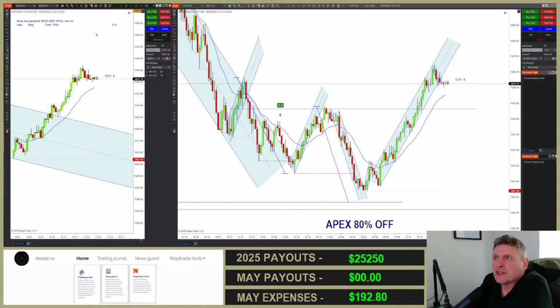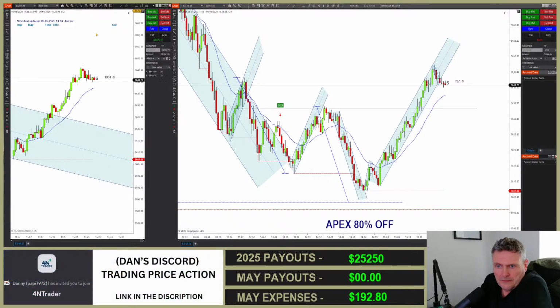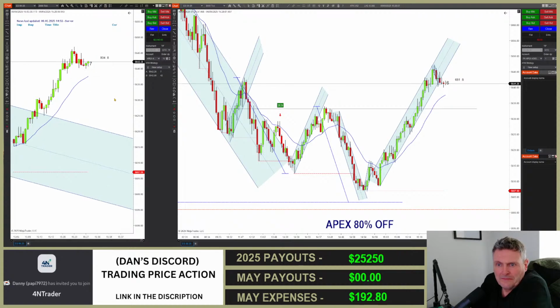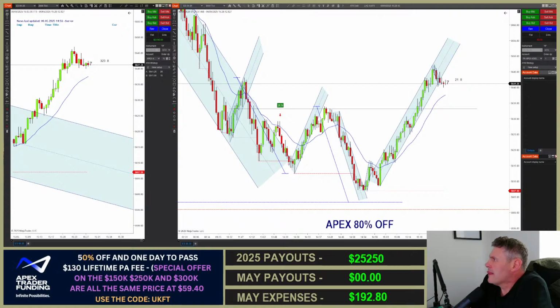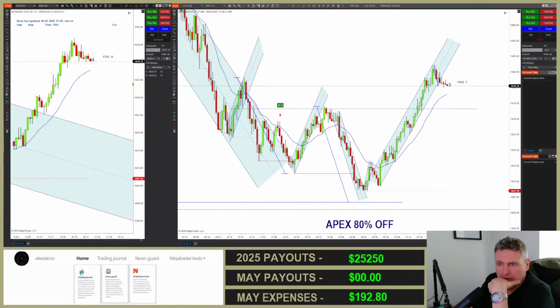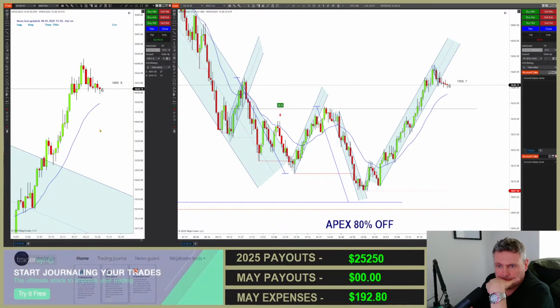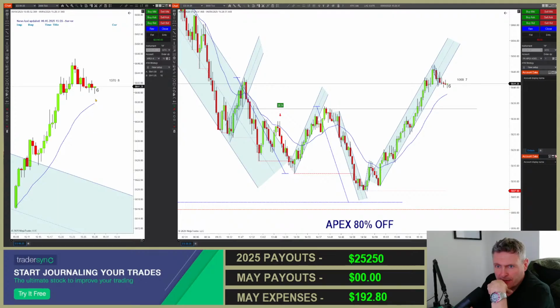That may not make a difference, but it's too risky. Yeah, I'll be amazed if that doesn't get stopped out. There we go. So we need to get back to the EMA, really, I think.